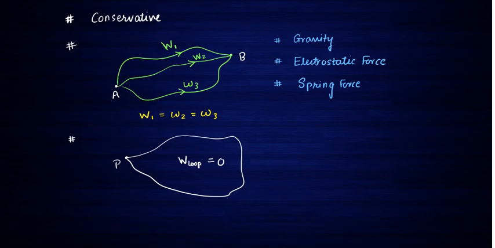So if a random expression for a force is given, then how do we figure out whether the force is conservative or non-conservative? For that, we write down the curl of F. So the curl of F is written down like so.